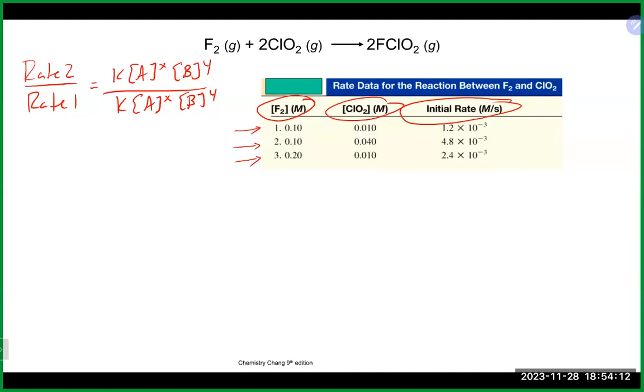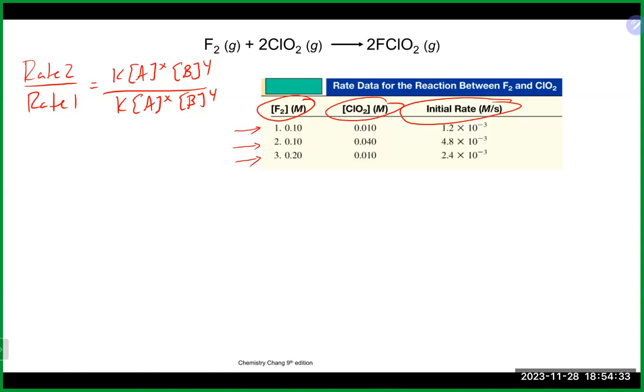When we talk about rate 2 and rate 1, it doesn't mean that you just grab the first and second entry. You grab two entries where one of the concentrations stays the same and you vary the other, so you don't have multiple unknowns, since it's hard to solve for lots of unknowns.